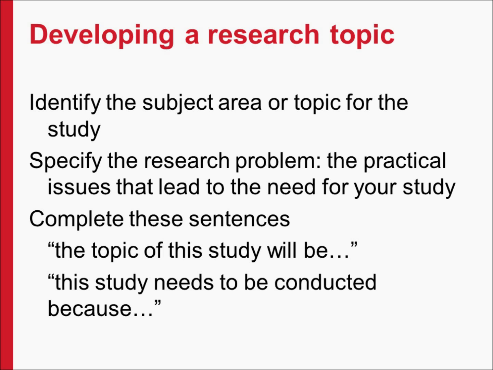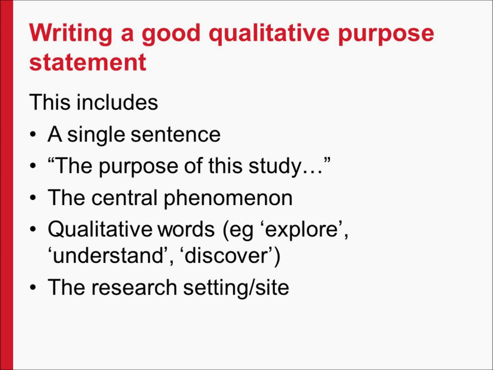Addressing and completing the sentences here will help you to clarify what you're thinking of doing and why. Some of the methodology literature talks about framing qualitative research in terms of aims rather than questions, as a statement of intent or qualitative purpose statement.